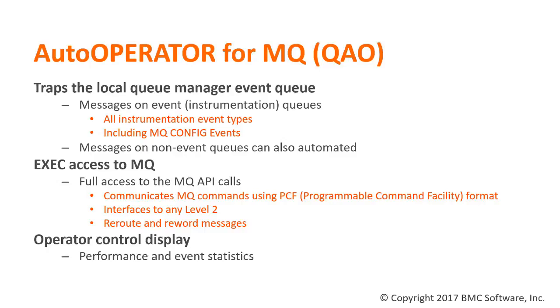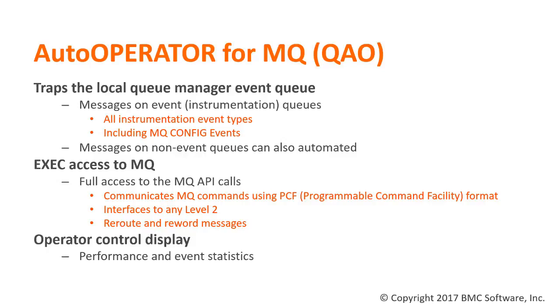For example, when MQSeries detects that a particular message queue has become full, the resulting message from MQ is not written out to the z/OS console as a WTO message. Instead, the message which indicates the condition is written to an event instrumentation queue within MQ. AutoOPERATOR for MQ can see the message on the event instrumentation queue and respond to it in an automated fashion.